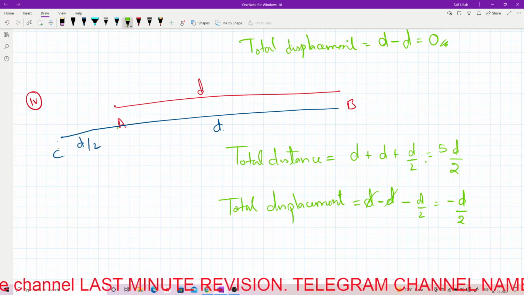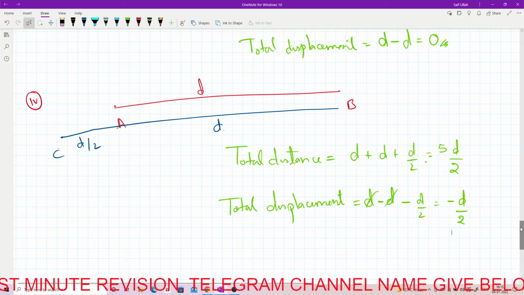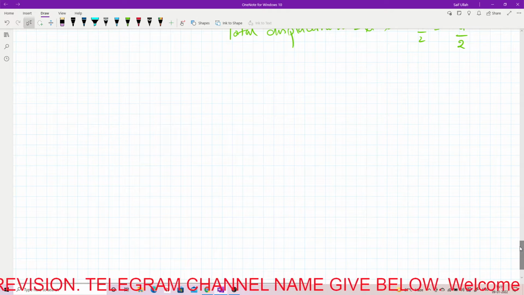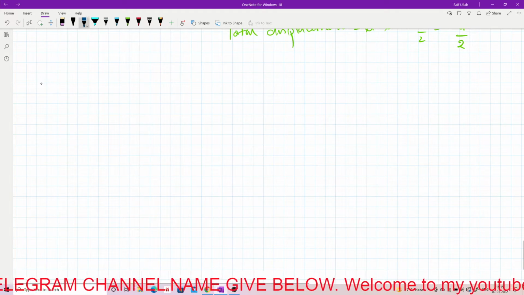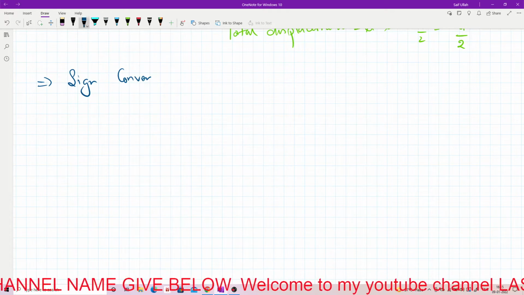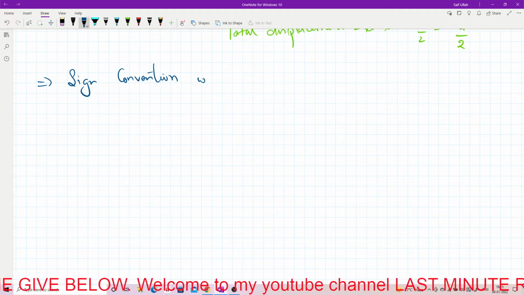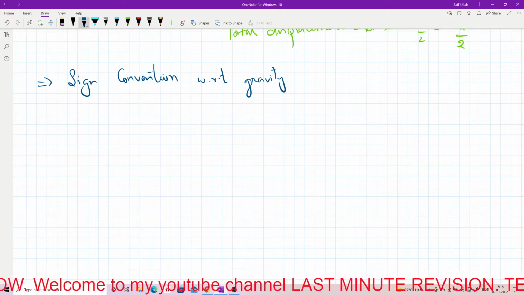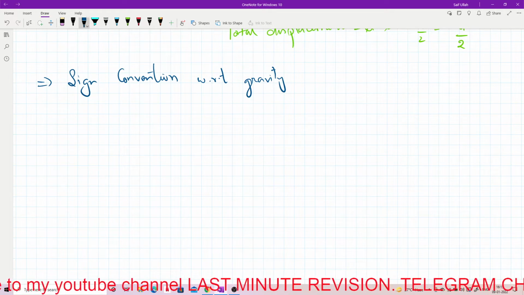Okay. Now the next topic is very interesting. In this one we will try to see the sign convention with respect to gravity. Here, as we have said the word gravity, we are taking the frame of reference as Earth.